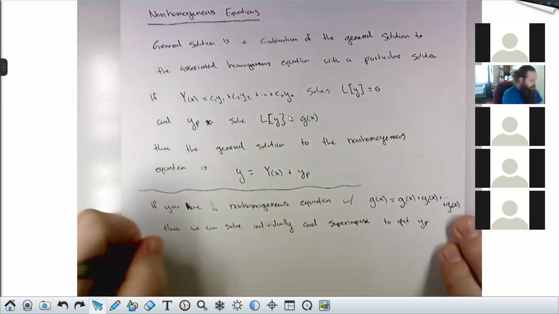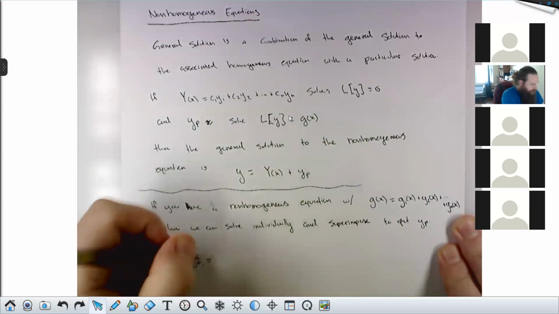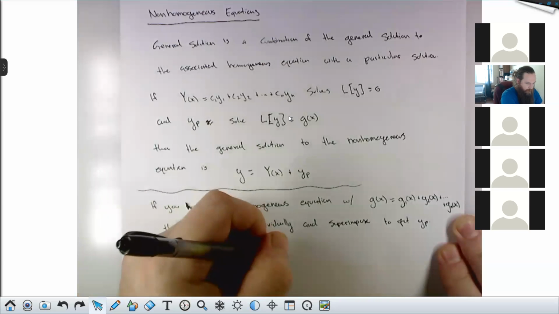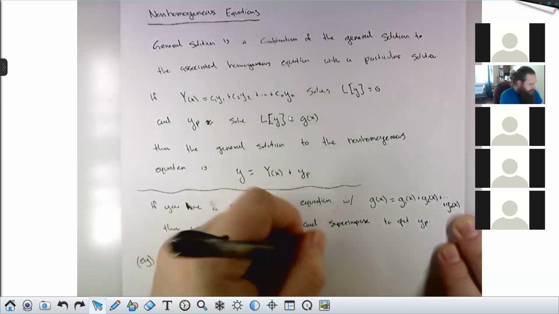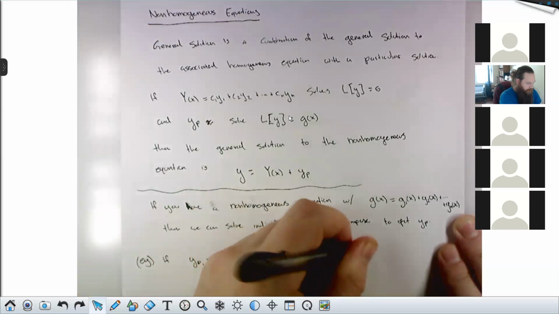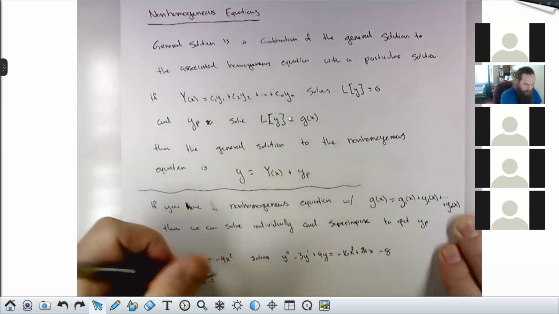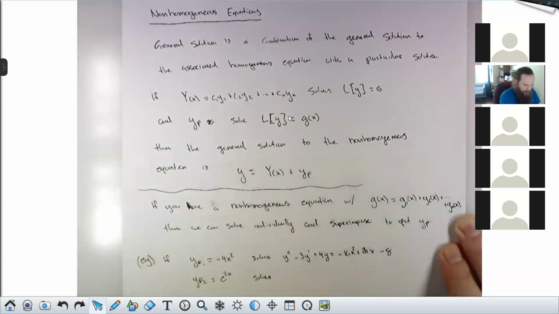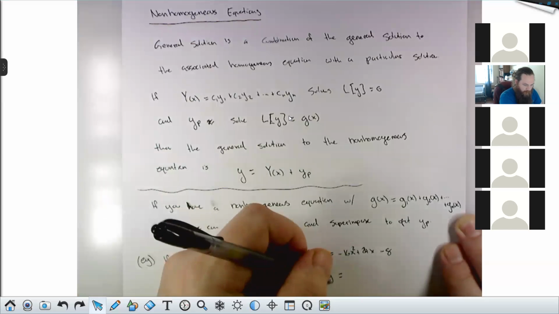Just an example. If yp1 equals negative 4x squared solves y prime prime minus 3y prime plus 4y equals negative 16x squared plus 24x minus 8, yp2 equals e to the 2x solves the same ODE, but with a different right-hand side: y prime prime minus 3y prime plus 4y equals 2e to the 2x.